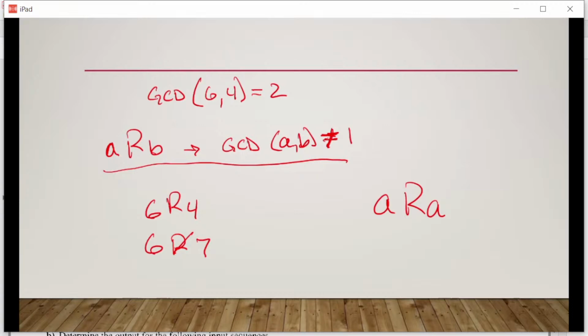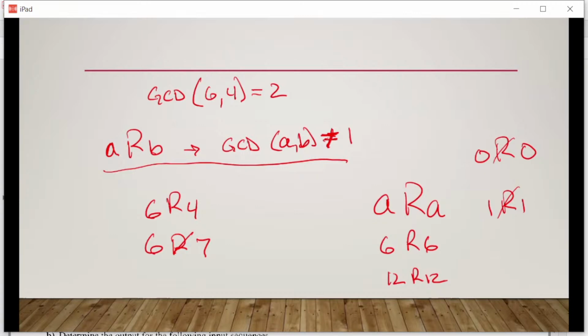Thank you. So yeah, A is related to A for something like 6, because the GCD of 6 and 6 is not 1. 12 is related to 12, etc. But 1 is not related to itself because the GCD is 1. And I suppose if we include 0, 0 is not related to itself because the GCD of 0 and 0 is undefined.